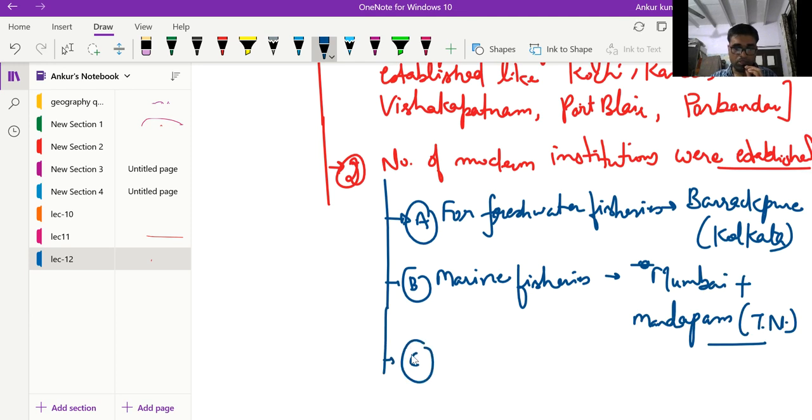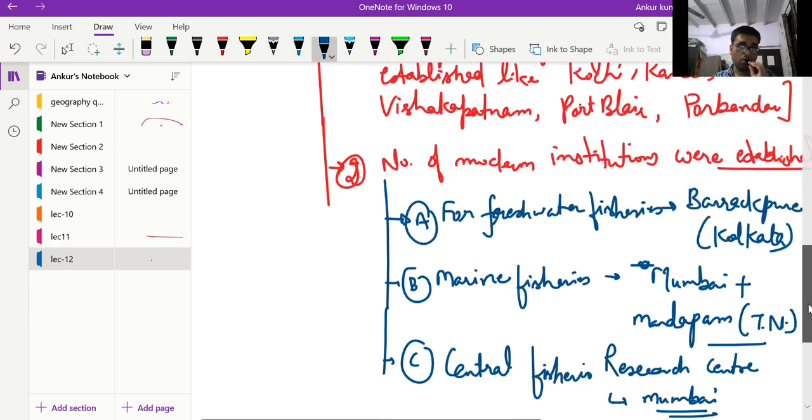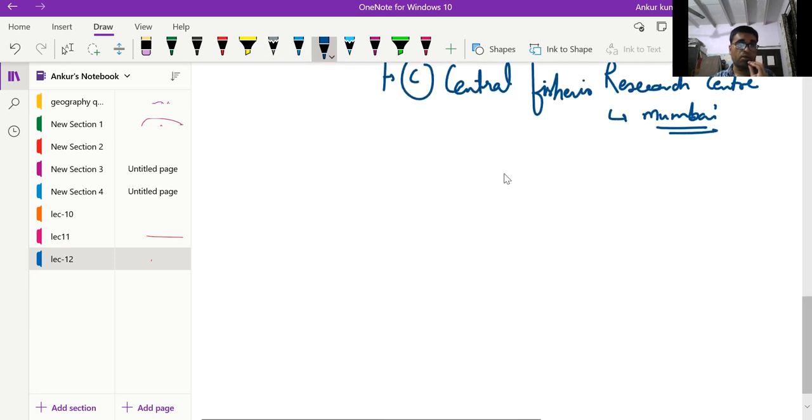And let us write one more: Central Fisheries Research Center. It was established at Mumbai. Right. So these were the research institutions that were established. So you see, the main focus was on the research institutions and the modern harbors that were established during the program. Now let us write few outcomes that we achieved during the program.